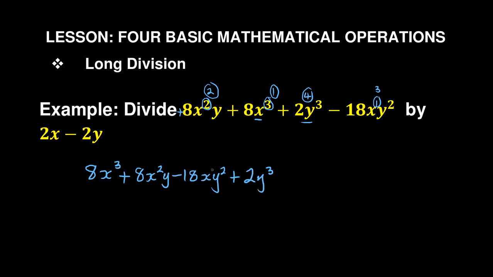So you can see that I was arranging it using x as the priority. Another one can try to arrange it in terms of y, whereby you have y cubed, y squared and y, but then you also have to change your divisor. As you can see, the divisor is 2x minus 2y, so you must now oppose it so that it starts with 2y. So I chose x because the divisor also starts with x.